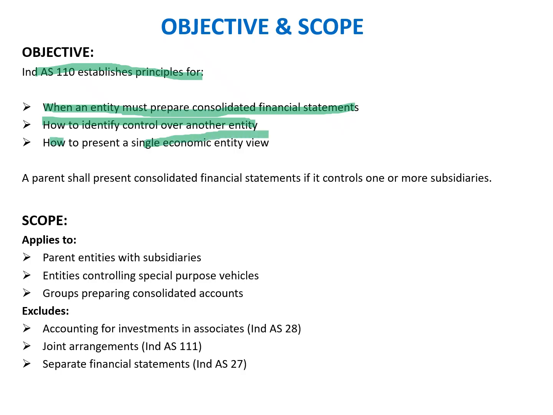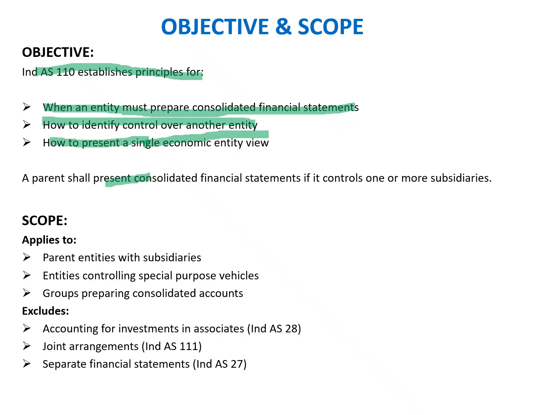Typically the objective is to make sure that if the conditions are met, then we do the consolidation, and the financial statements are prepared on the basis of the consolidated financial statements, as per the procedure laid down in Ind AS 110.